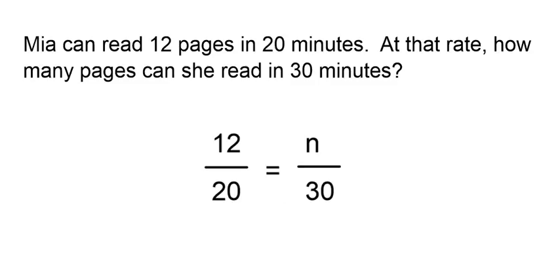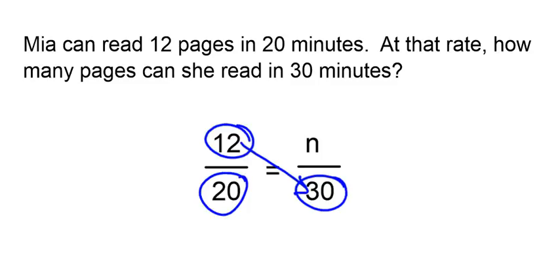But when it doesn't work like that, we can always use what's called cross multiplication and division, where I take the numerator of my first ratio and multiply it by the denominator of my second ratio, and then vice versa, the denominator times the numerator.